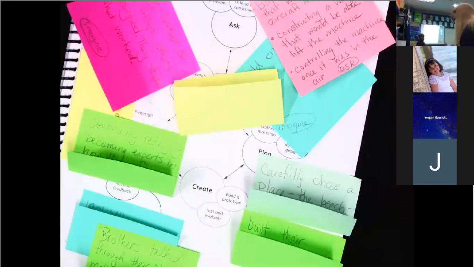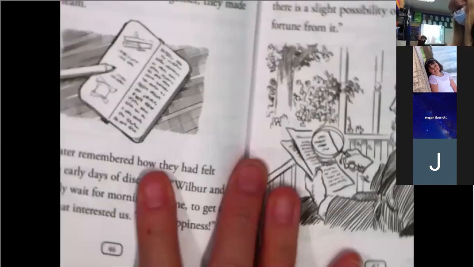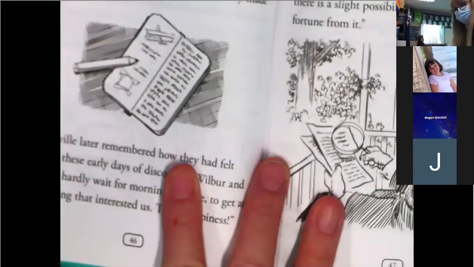How did they plan their design? They carefully chose a place to test the glider. They went to the beach to test the glider. Here is a sketch of one of their designs.